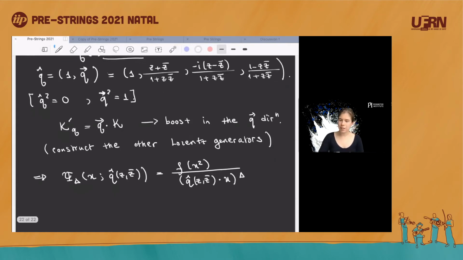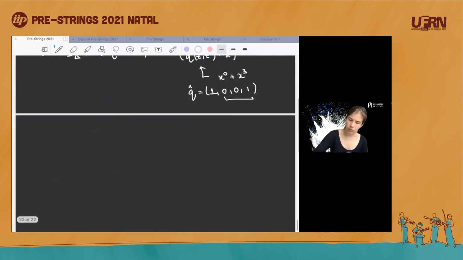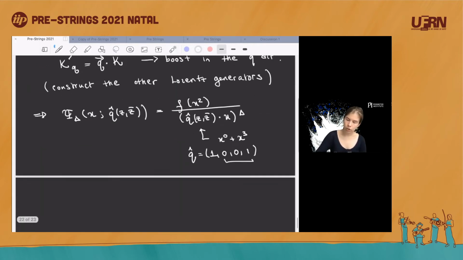And of course, the case I showed before, where this was just x0 plus x3, corresponds to choosing Q hat to be (1, 0, 0, 1), whose spatial part is a vector pointing in the x3 direction. So everything is consistent.